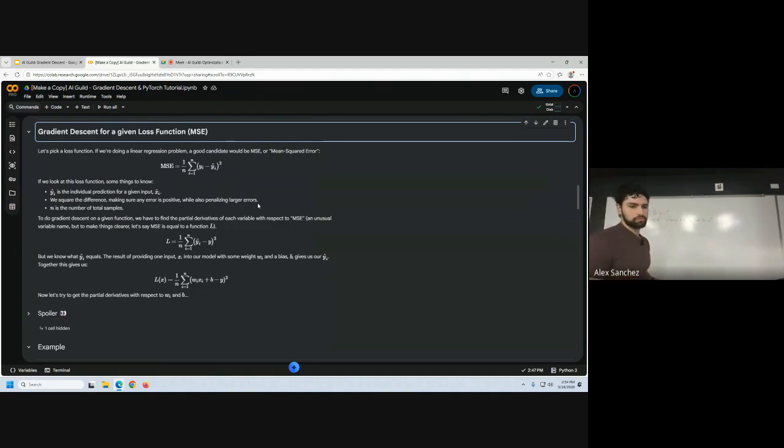We want to get the partial derivatives of our weight and our bias with respect to our loss. This is a very base level calculus concept, and it's probably the most important thing you have to get nailed down for this kind of algorithm.